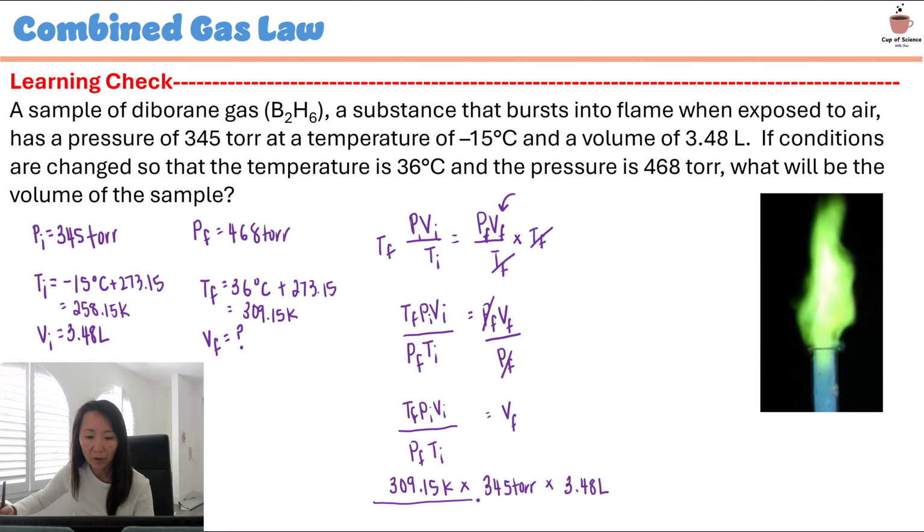I'm going to divide all that by the final pressure. This is where the 468 torr goes. And my initial temperature, which is 258.15 Kelvin.